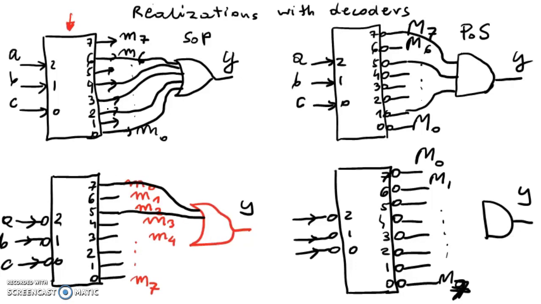You need also minterm 3, which is on output 4. You need minterm 4, which is on output 3, and you need minterm 6, which is here on output 1. And you get the same solution of the detector.